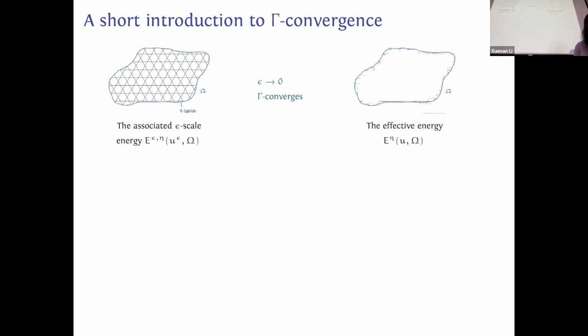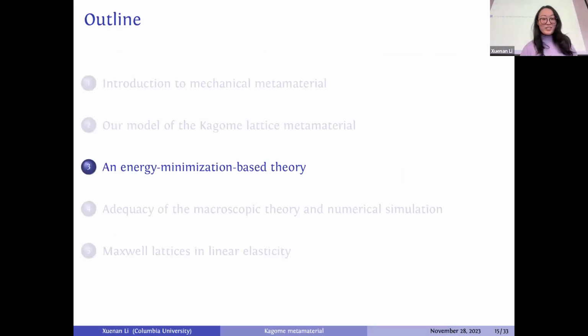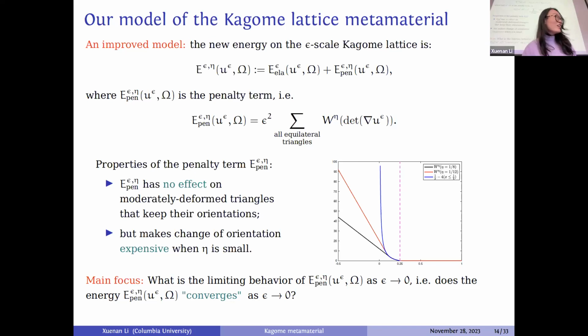Okay, so I'm still a little confused. The U's, they're like 3D vectors. I don't really understand how you can possibly get to a flipped orientation. Oh, the U is here just a 2D deformation. So U epsilon is going to be on x1, y1, xy, and then U is going to be U of xy, v of xy. So to change the orientation of a triangle, isn't that already very expensive?